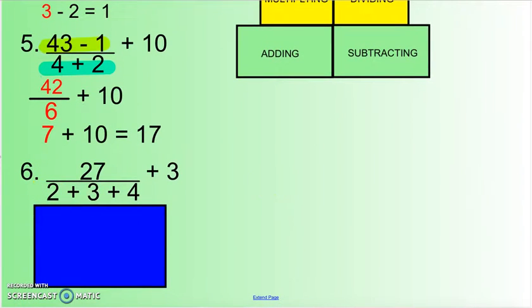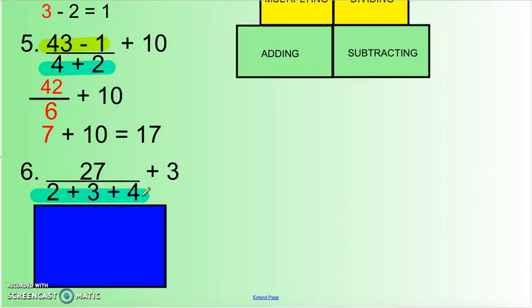How about this one, number 7? Looking at this, what would you do first? You're absolutely right. Nice job. This bottom right here is one math sentence on its own.